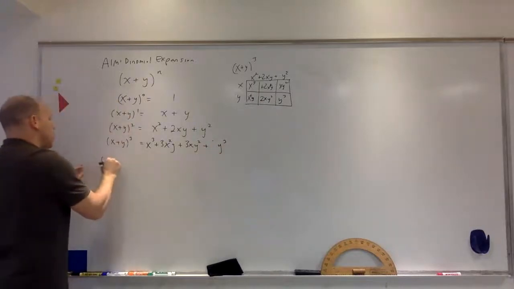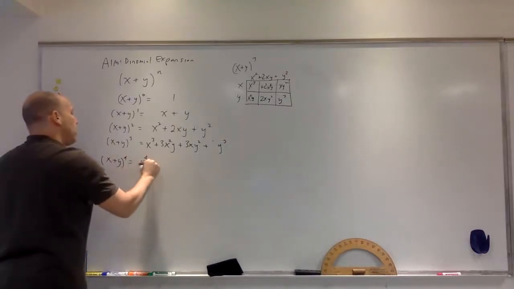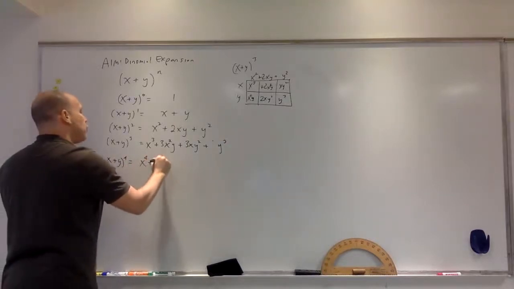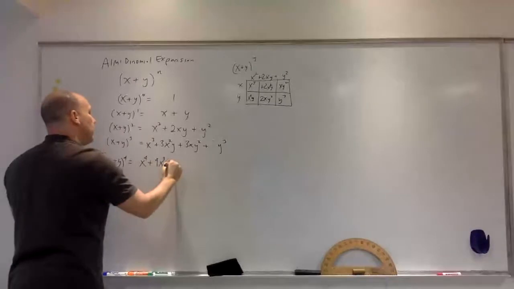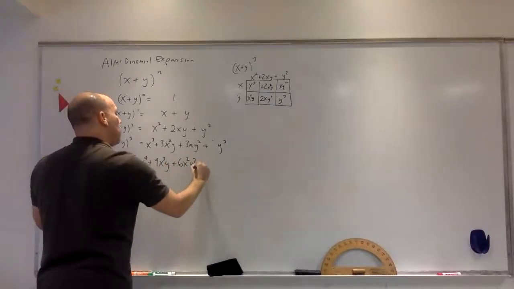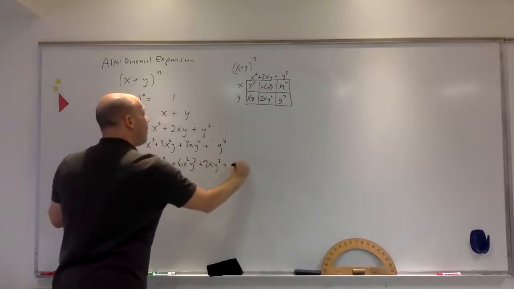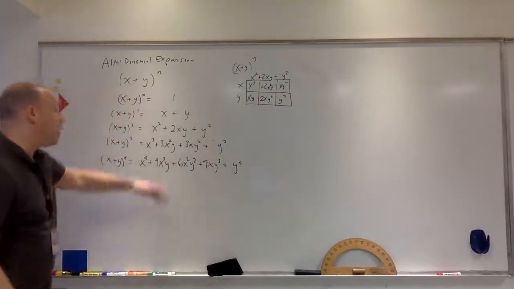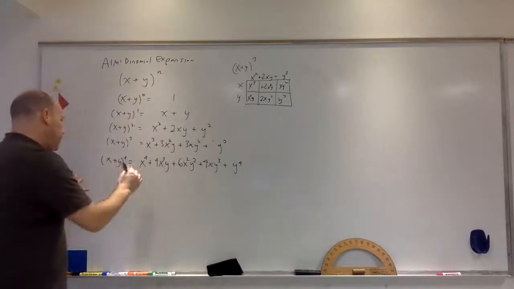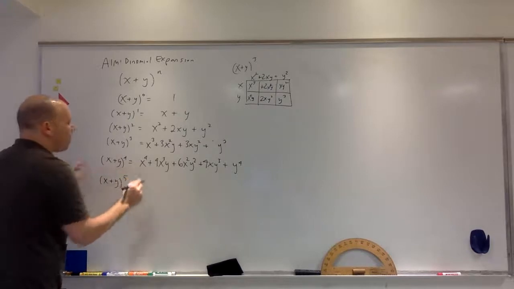Let's see what happens. It turns out that x plus y to the fourth is x to the fourth plus 4x cubed y plus 6x squared y squared plus 4x y cubed plus y to the fourth. And I can do another one, and I can do x plus y to the fifth, because I'm making a point, obviously.